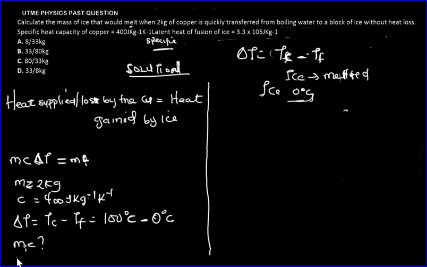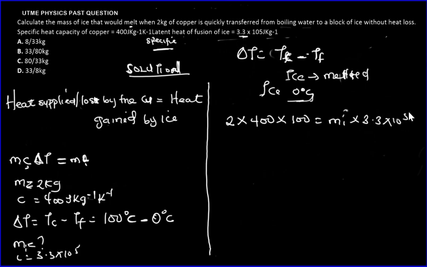And then the specific latent heat of fusion of ice is 3.3 times 10 to the power 5. So let's now put this here. We have mass, 2 kilograms, times the specific heat capacity of copper, 400, times the temperature change, 100 minus 0, which is 100, equals the mass of ice times L, which is 3.3 times 10 to the power 5.